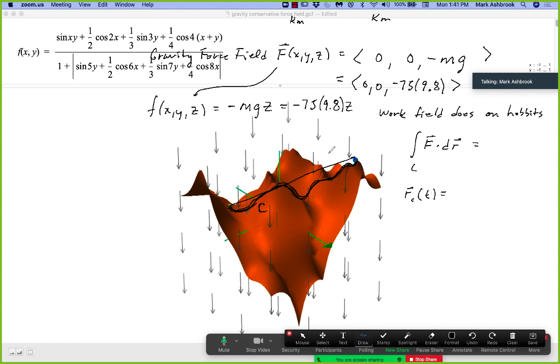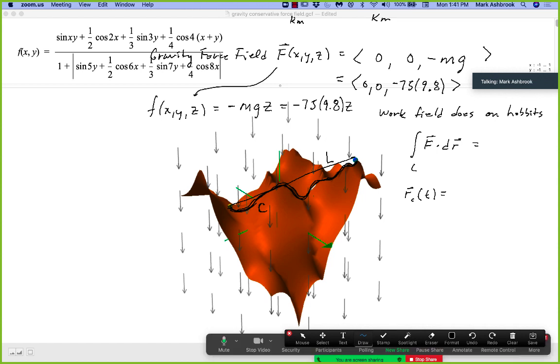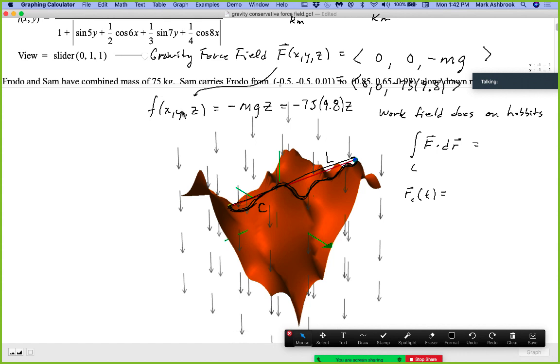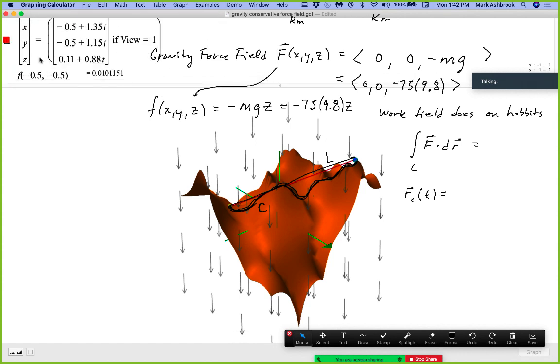So we'll call that path L for line. We want to avoid the path C. Instead, we want to do the path L, and I can make that pretty, although I need to change the color of it. Let's see if it shows up if it's blue.